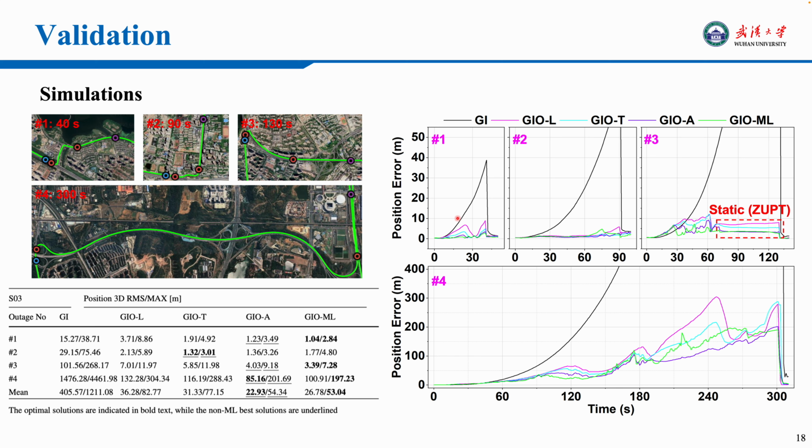That is, the purple curve usually shows the smallest error, even during long-term outages shown in the bottom right. Our method was on par with the machine learning method. Statistically, our method achieved the best average RMS and the second best max error overall.